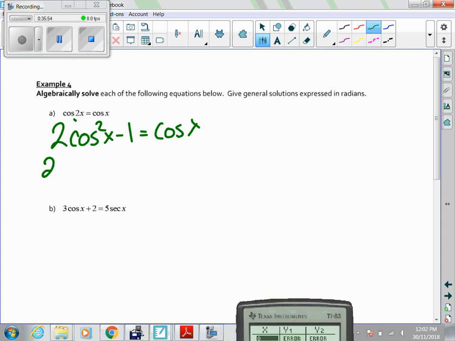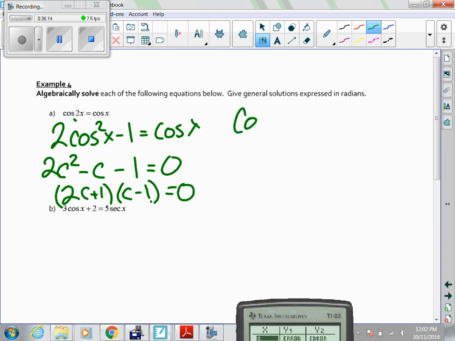Bring everything to one side. 2c squared minus c minus 1 is 0. And that's going to give me a 2c plus 1 and a c minus 1. Check that out. Negative c, positive c. Yep, all good.